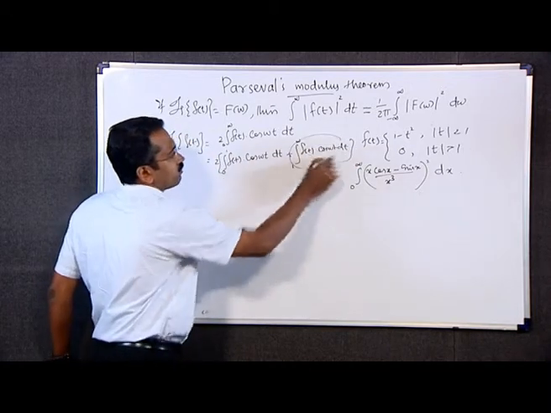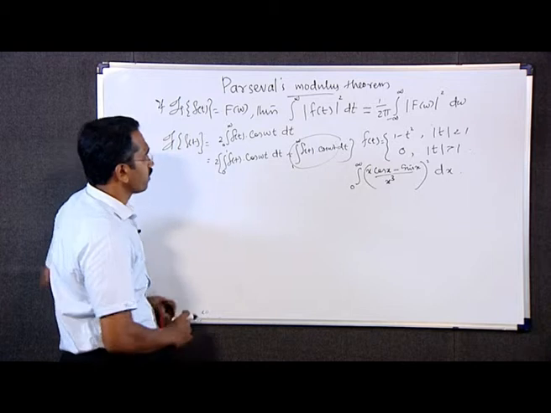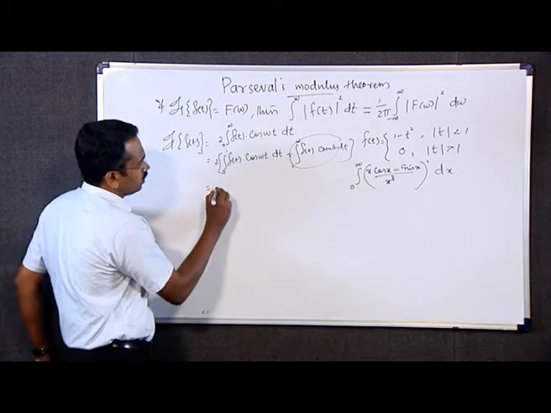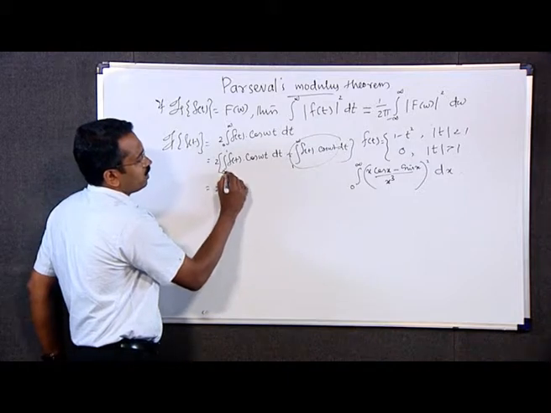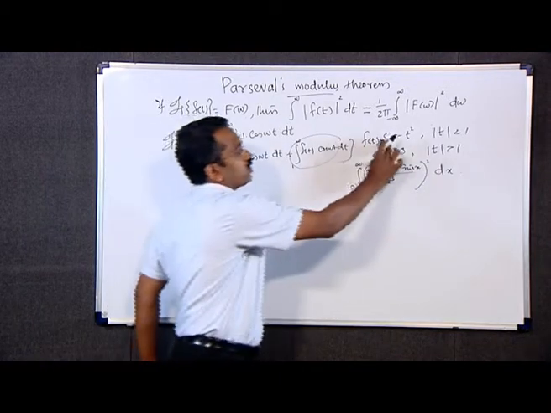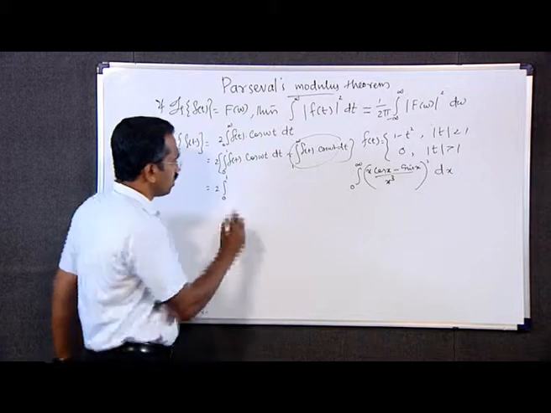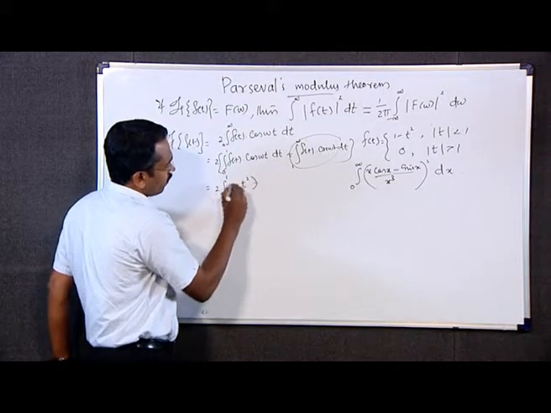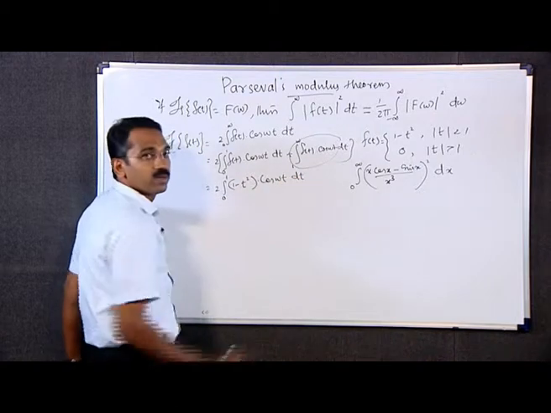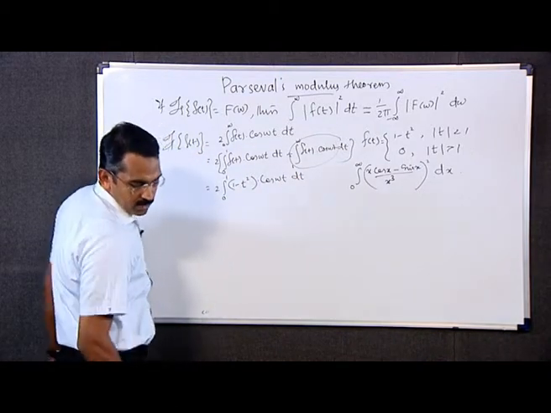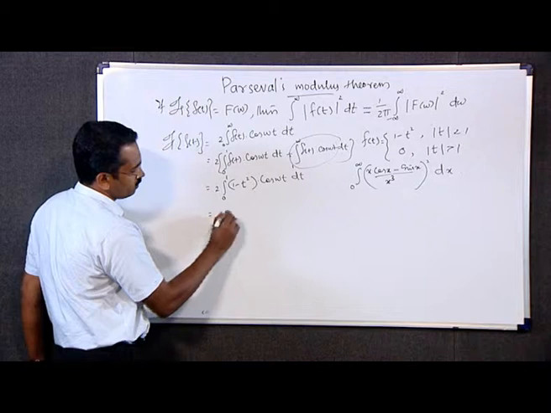In this case, the function is defined as 0. Therefore, this is equal to 2 times integral from 0 to 1. In the interval 0 to 1, we can write the function as 1 minus t square into cos ωt dt.